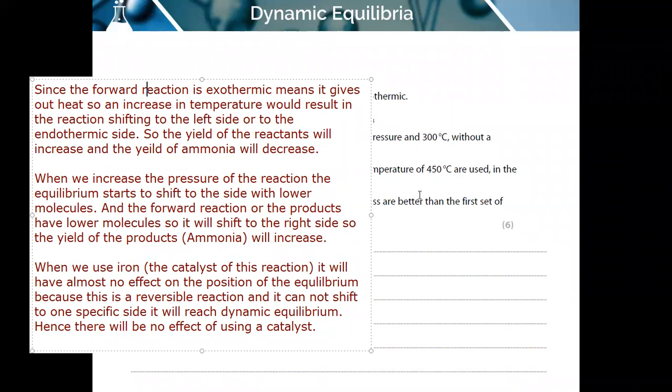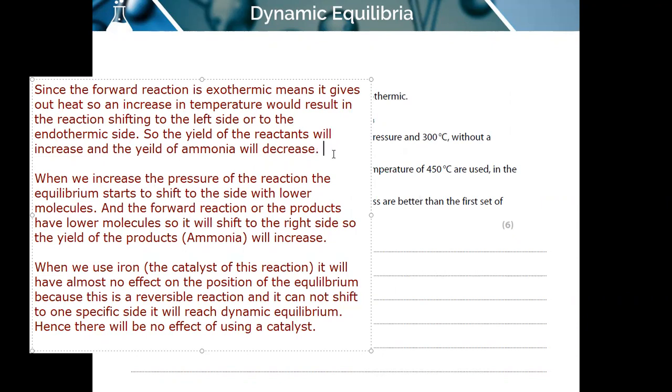That is not the reason, that more ammonia will be produced. When you talk about it, you have to link it to rate of reaction.